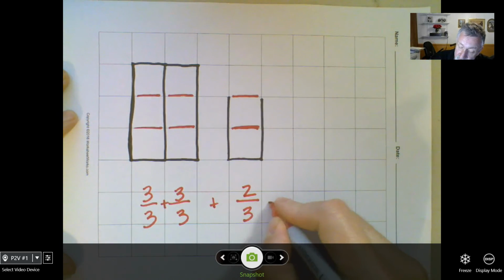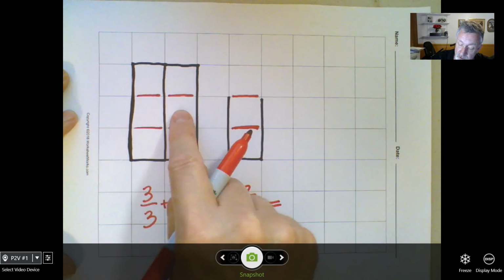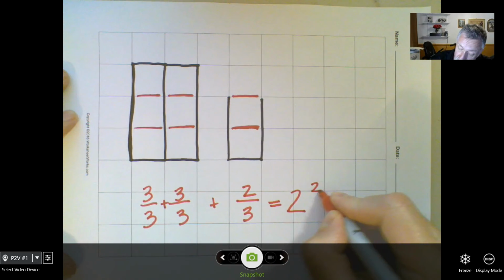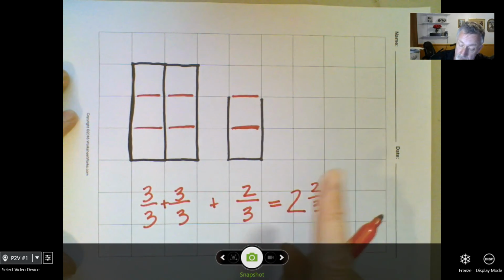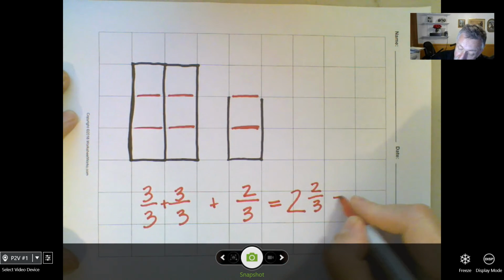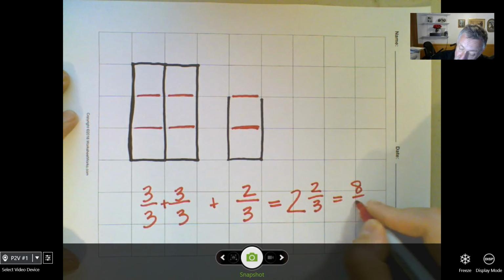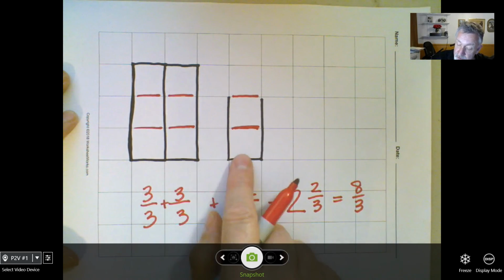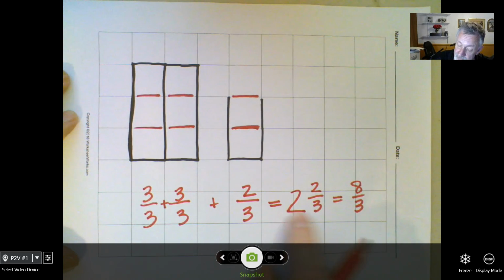So what we have is 1, 2 whole units, and 2/3. Or 3, 6, plus 2 more, 8 thirds. And again, to convert that, 3 times 2 is 6, plus 2 more equals 8.